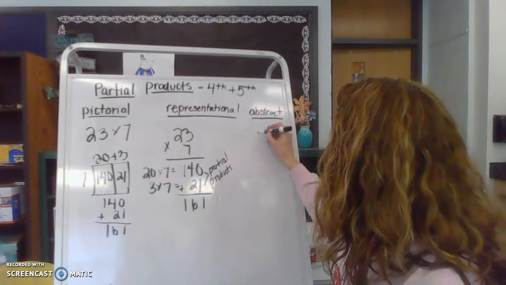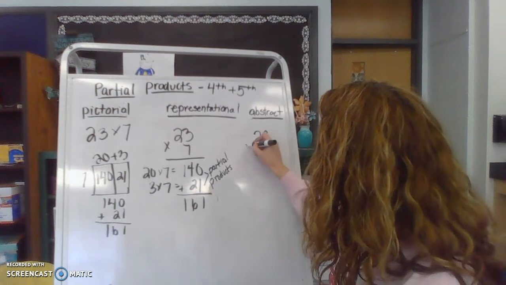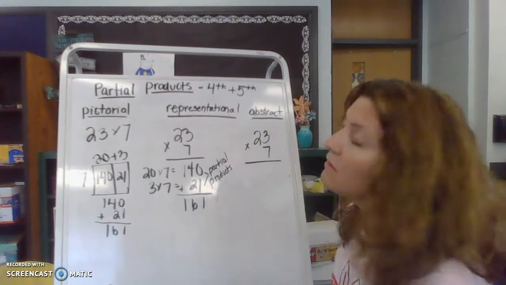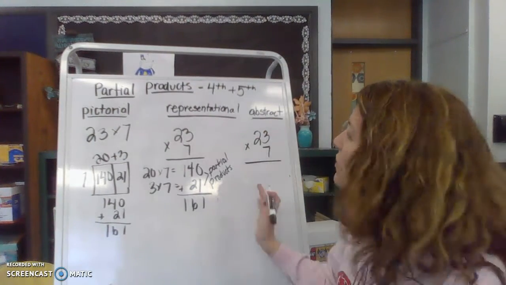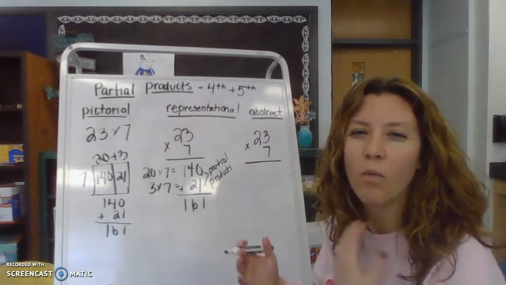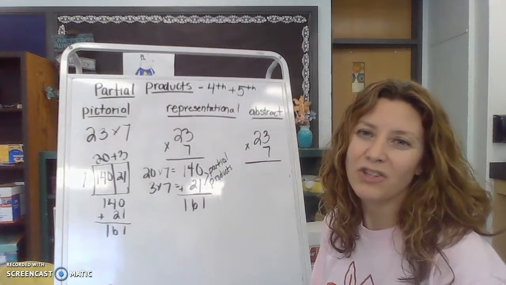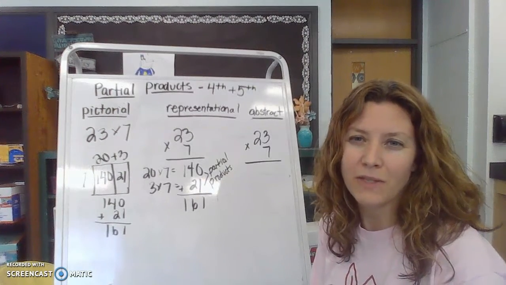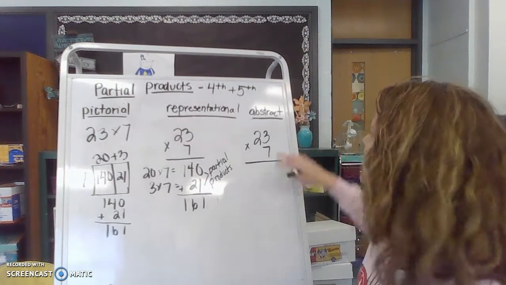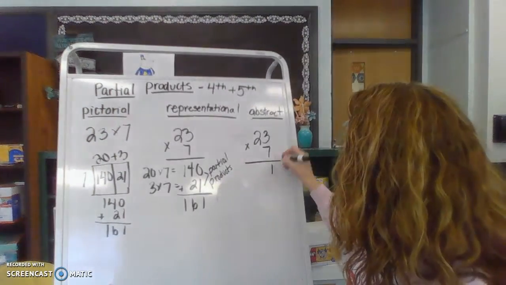And then we move to teaching them the standard algorithm, which is the most efficient way, but students have to have a really good understanding of what they're doing. Otherwise, they're just doing a process and the understanding is lacking. So we multiply the ones place to get 21.